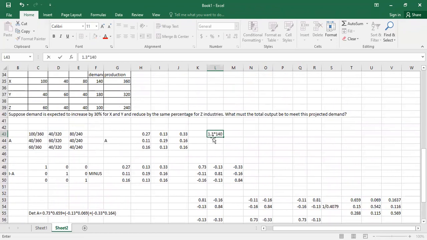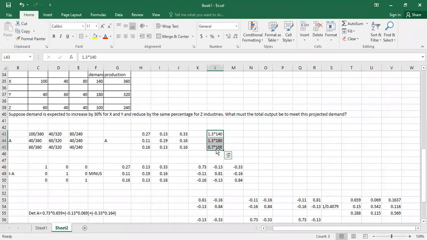That is the new demand. The same for Y, 1.3 multiplied by 180. And for Z, it is reducing by the same percentage, so 0.7 multiplied by 100.